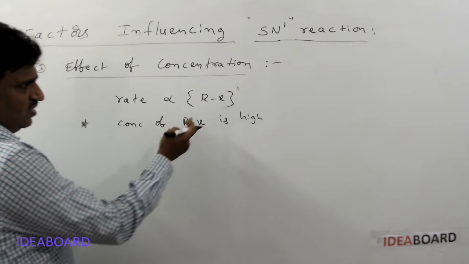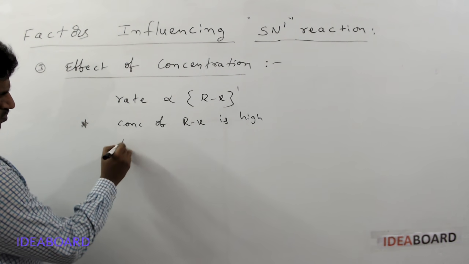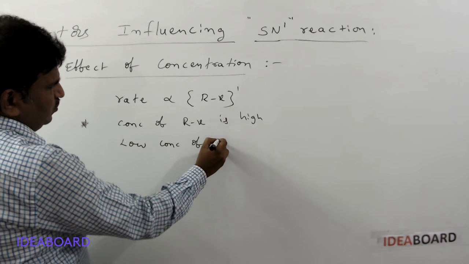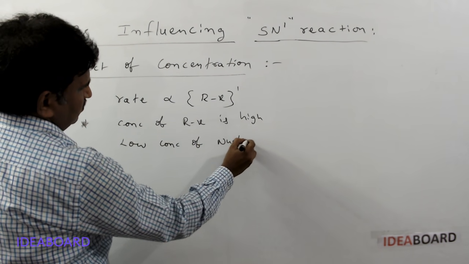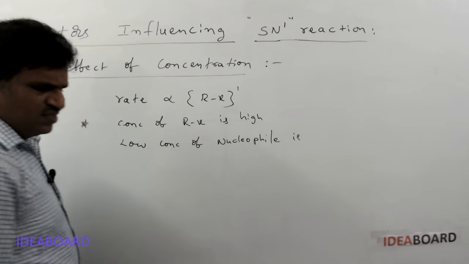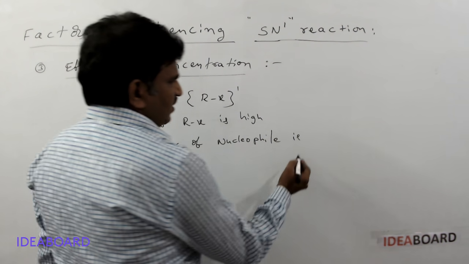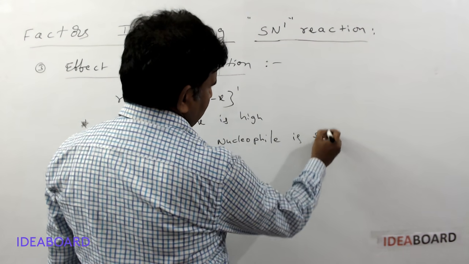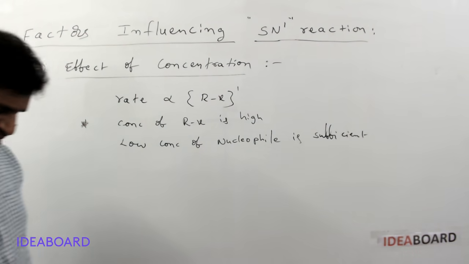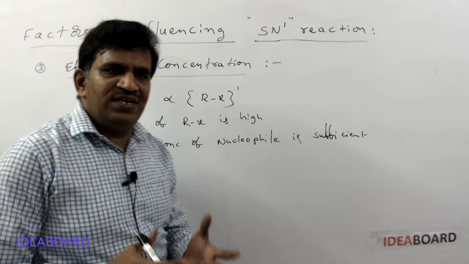Second, is there any nucleophile term in the rate equation? No. So a low concentration of nucleophile is enough because it is not influencing the rate. If the nucleophile concentration were affecting the rate of reaction, then we could consider it.